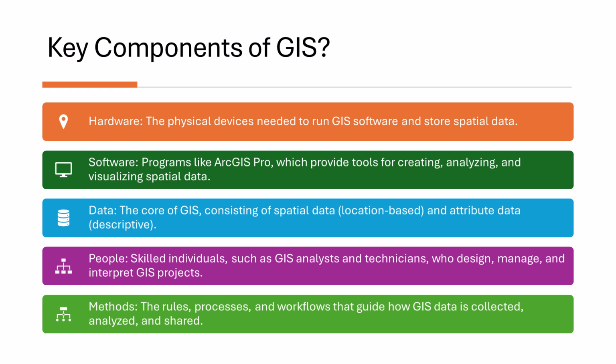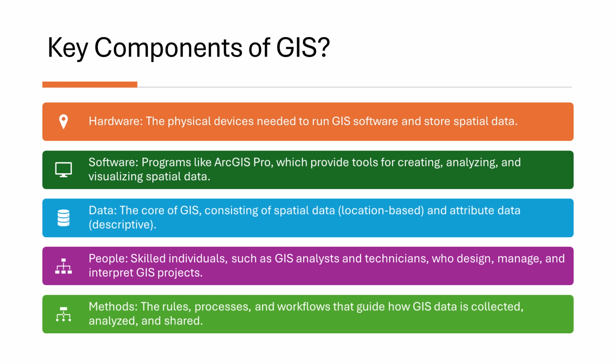Lastly, methods are the guidelines and workflows that dictate how data is collected, managed, analyzed, and shared in a GIS project. Good methods ensure consistency, accuracy, and reliability in GIS work, helping produce results that are meaningful and reproducible.